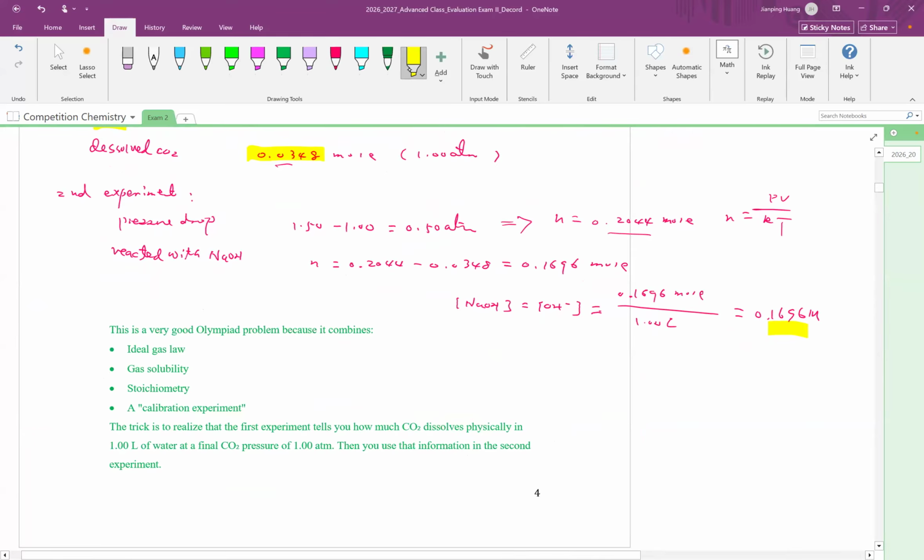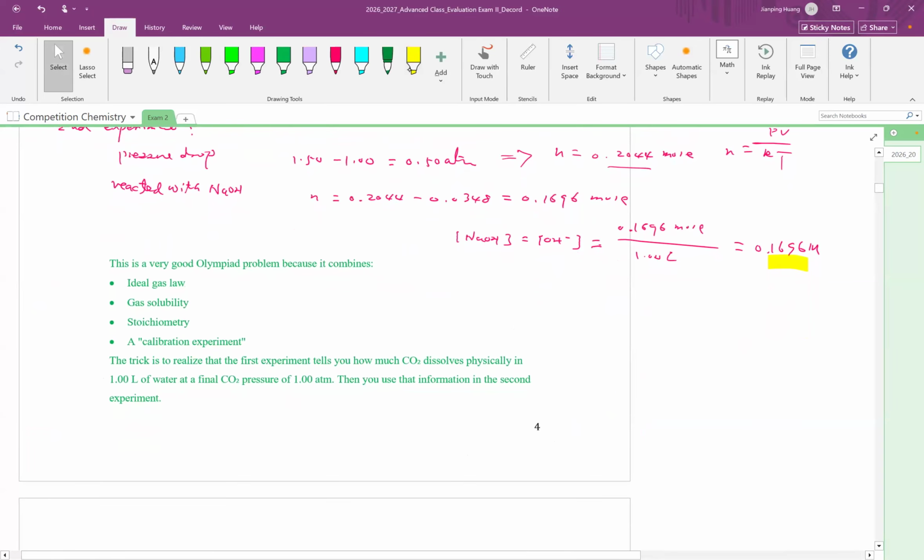Now here, when I do this question, in my mind, it's a very good Olympiad question. Involve what? Ideal gas law, gas solubility, stoichiometry, calibration experiment.